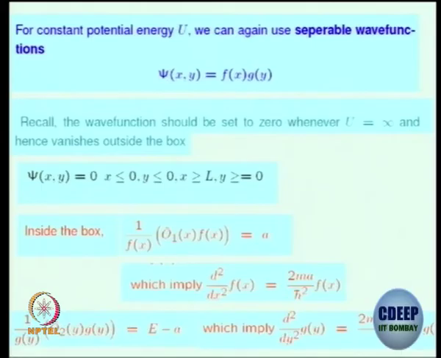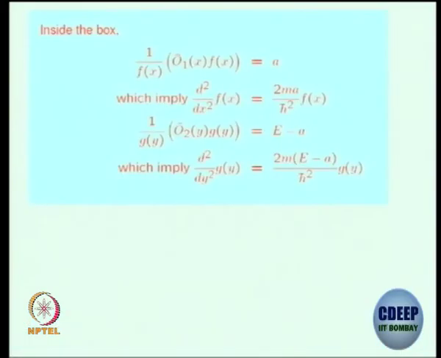Is that fine? All of you are with me? Okay, just to summarize, these are the set of equations. The formal operator equation is written, and the explicit form is given in the second line, and then you have a formal operator equation for the y dependence, and the explicit differential operator is given in the second line.